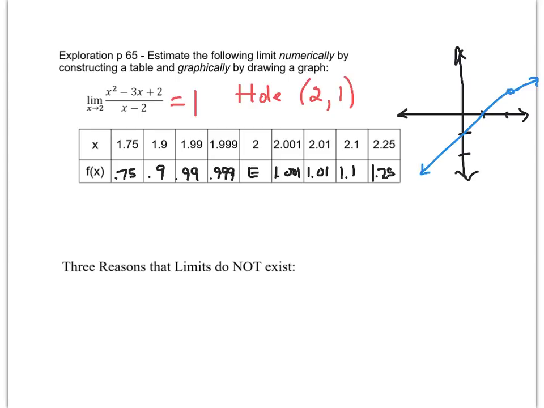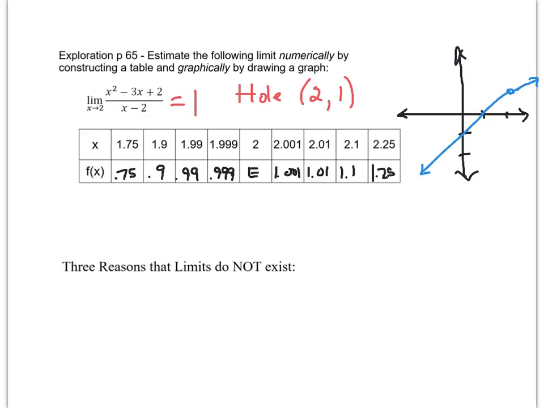This function turns out to be linear when we graph it, and when we specifically look as x is approaching the value of 2, I see that my y value approaches a number 1. So it does make sense according to my graph that this limit is a value of 1. Again, we can see that there should be a hole at (2, 1).